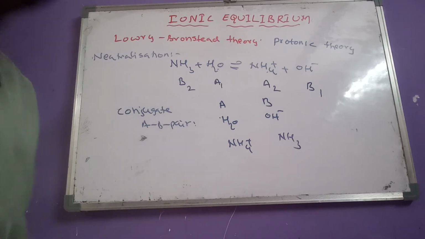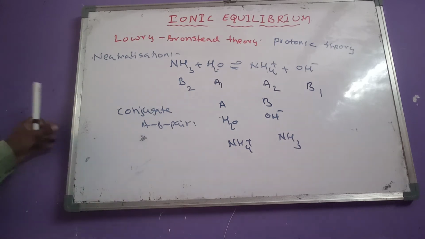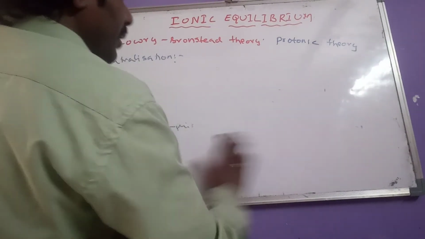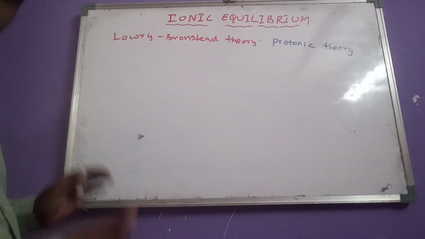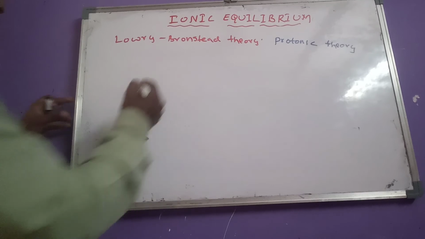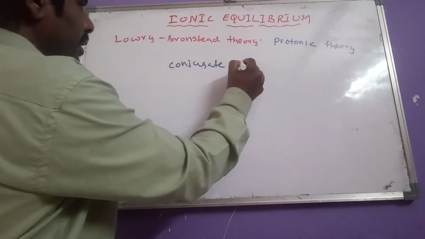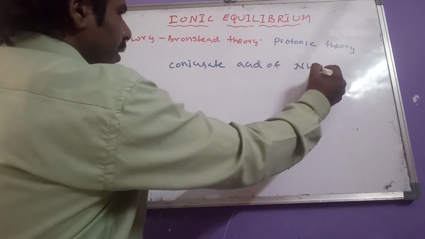So now how we can get the questions regarding conjugate acid base pair? Let us see here. So the first question is here. They give what are the conjugate acid or conjugate base of something. So now the first question, what is the conjugate acid of NH3?